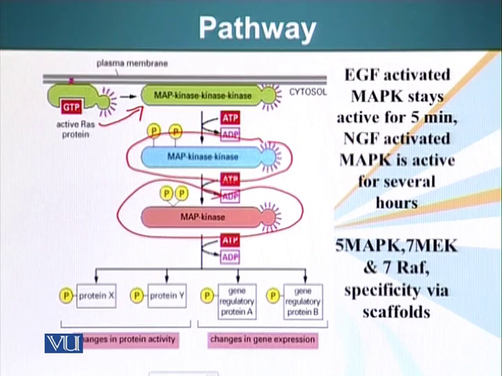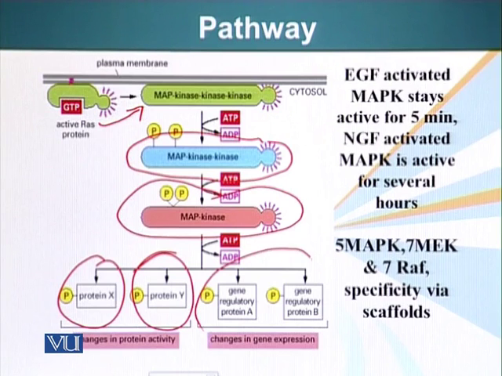So when MAP kinase is activated, it can result in activation of certain proteins, or it can alter the gene expression. Just as important, I have to mention that these names are generic names. There are, for example, many types of MAP kinases. So depends upon the rest of the cellular machinery which of these particular molecules will be activated.